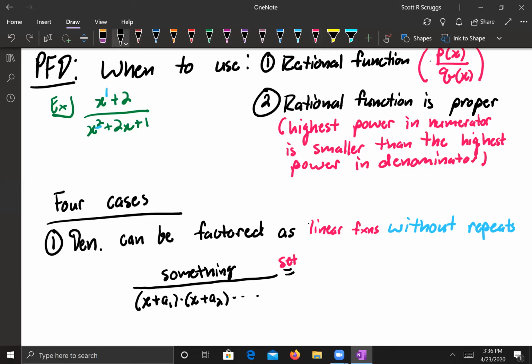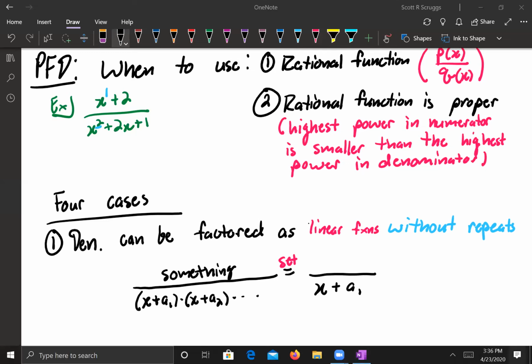I'm going to set that equal to A over x plus a1. The way I think about the numerator is: whatever is in the denominator, what function do I have when I take the derivative?